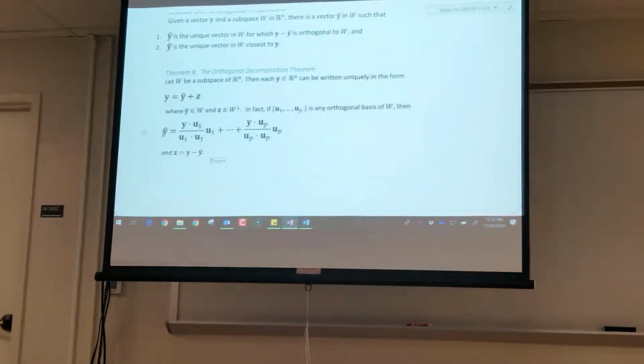So y hat is this new vector now that's supposed to be in W. And what we want to do is we want to use y and those components in W. Now W is a subspace that's spanned by u1, u2, and u3, etc. So it's a subspace that already exists and is spanned by those.